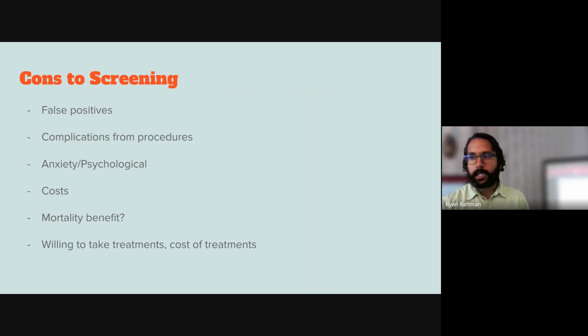I mentioned complications from procedures. I'd like to think that all of our medical providers are trying to do the best they can, but bodies being what they are, and people being so diverse, I think it's just the nature of trying to do some of these things for people that you're going to have complications.